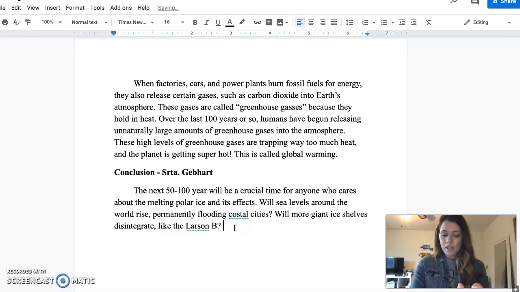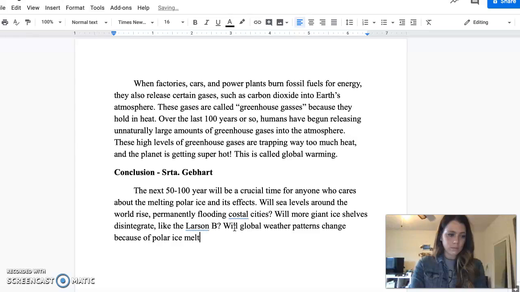So another question for them to consider. Will more of them disintegrate just like the Larsen B, which they had just learned about, so it ties back to that? Will global weather patterns change because of the polar ice melt, affecting farming and food supplies? So another question for them to consider.